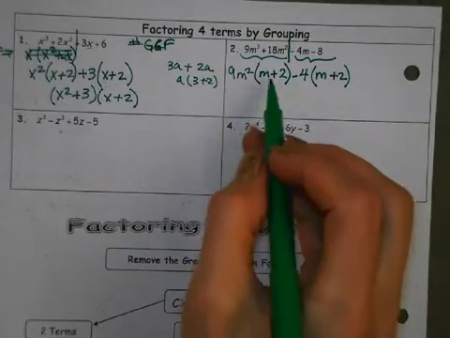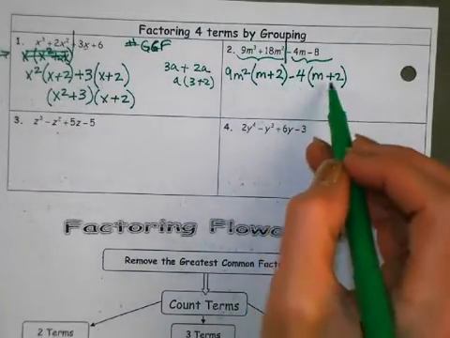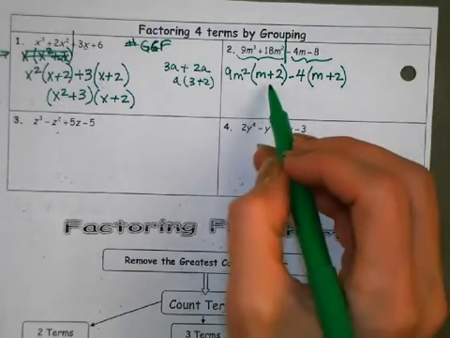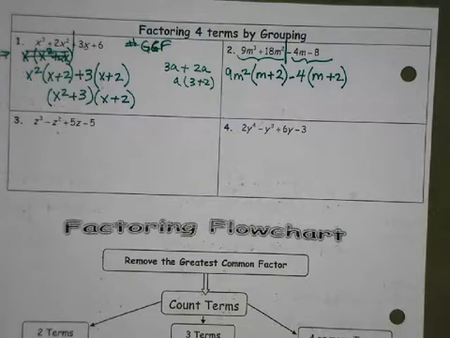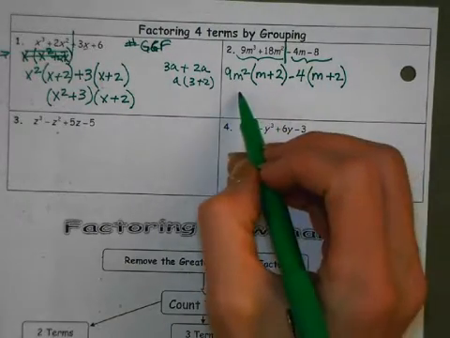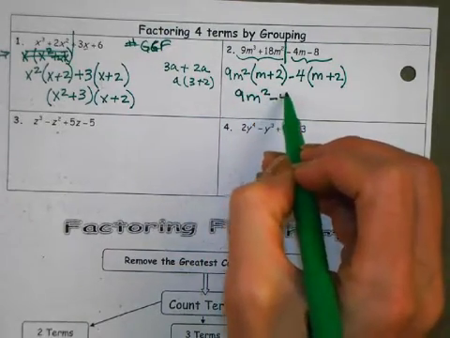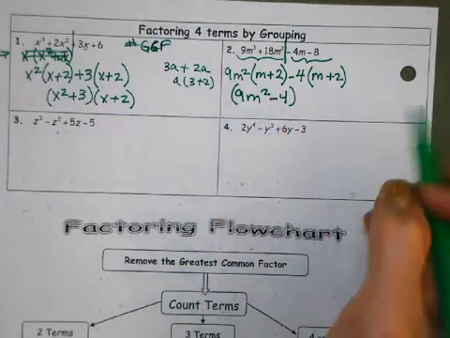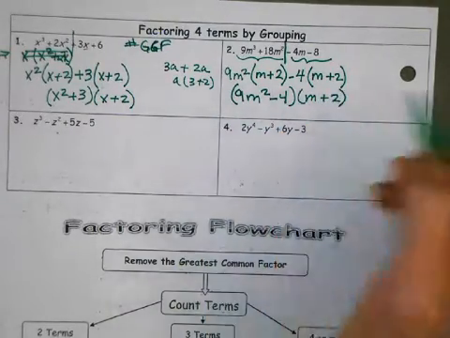Right, so you use this one right here as your hint to what needs to get pulled out to make that the same. Because your goal is to make this and this the same. That's what your goal is. Right? And now I can rewrite this as 9m squared minus 4, and then in parentheses I would write m plus 2.